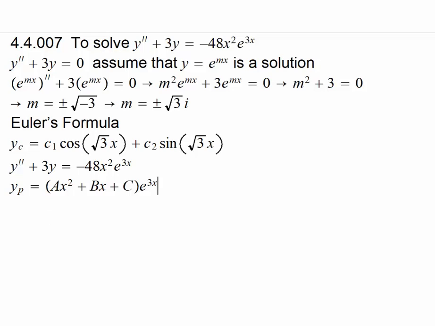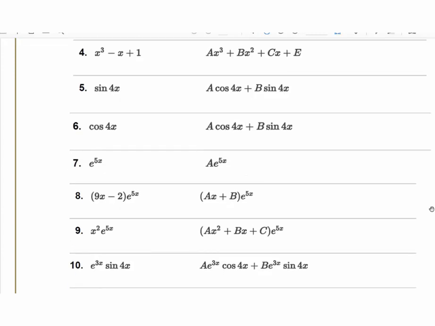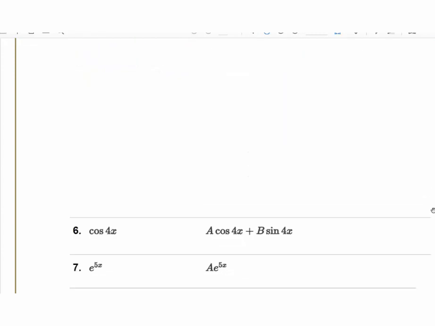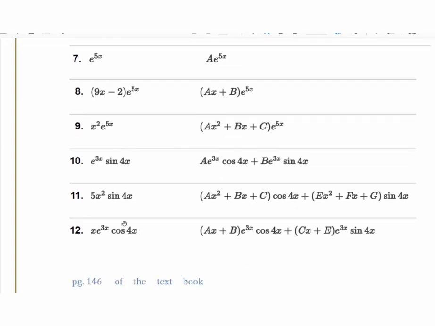Or just review what we had in the book. That is what the trial particular solutions are. Let me bring it up, I have that on a different screen. Okay, so right here I'm talking about this portion of the book, where we have these suggestions for the particular solutions.